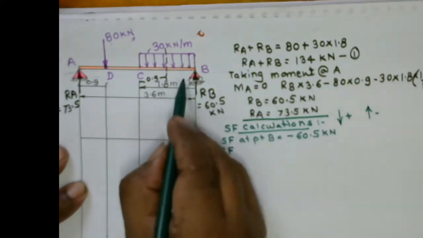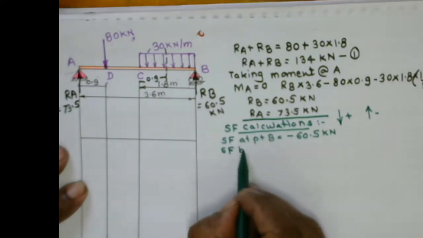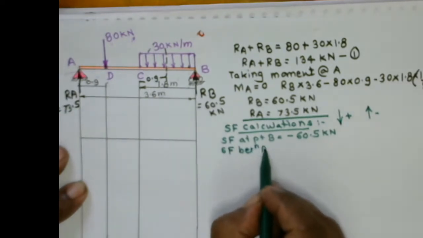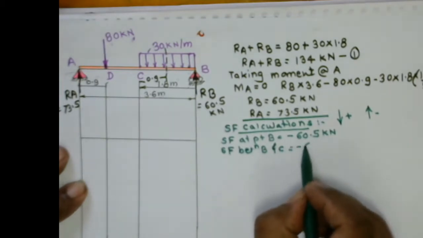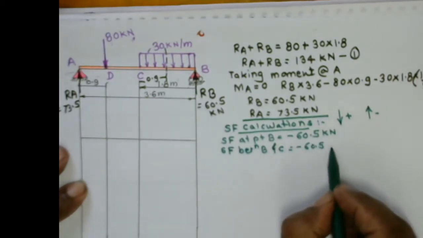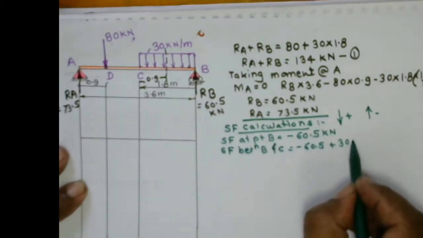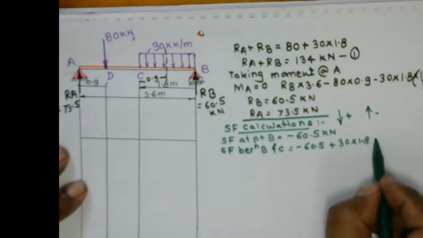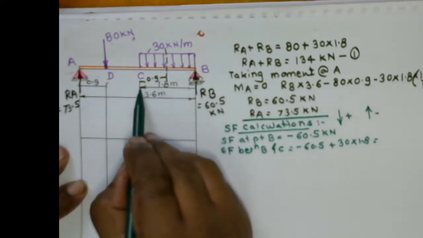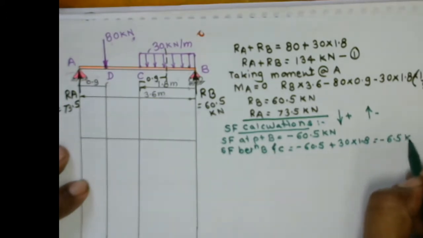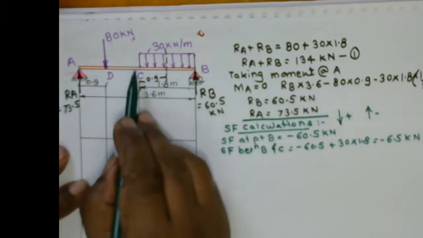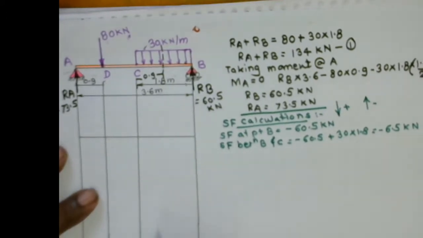Shear force between points B and C, where the UDL is acting, is equal to minus 60.5 plus the UDL 30 with its span 1.8, so it becomes minus 6.5 kilonewton.